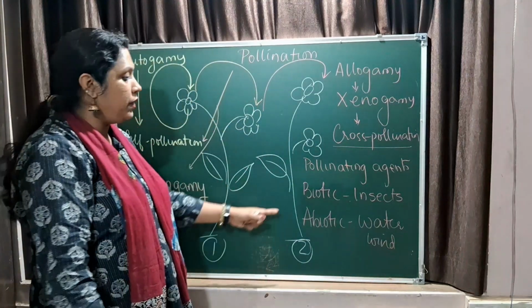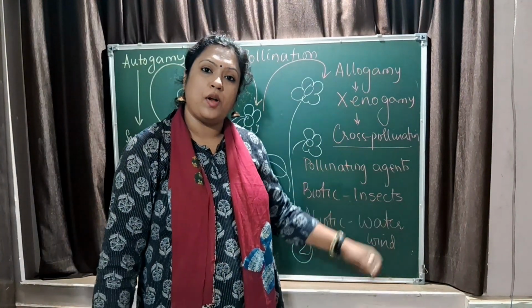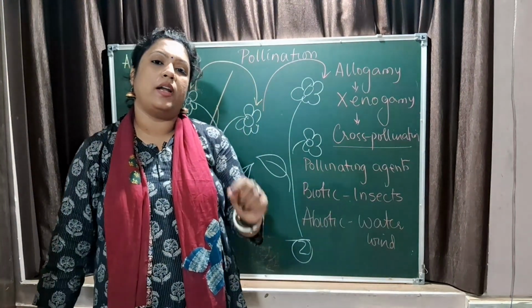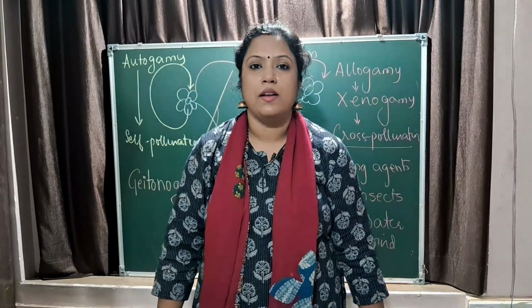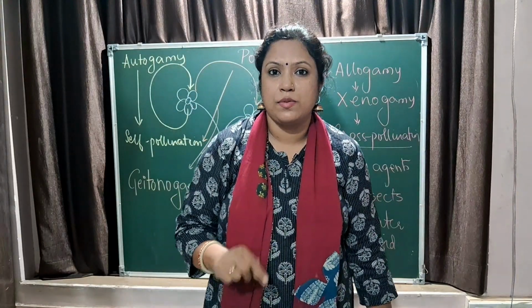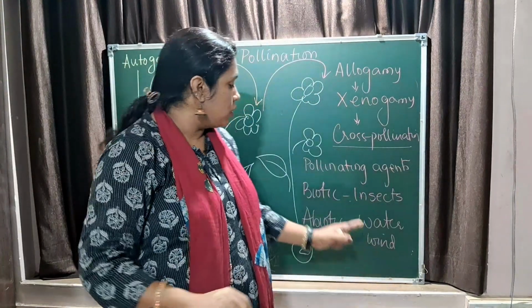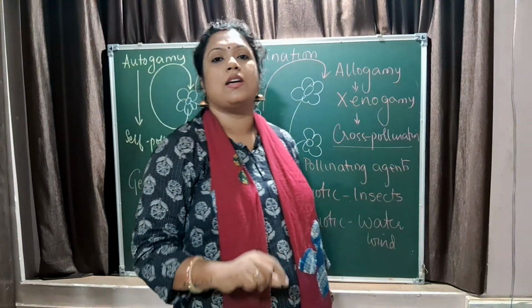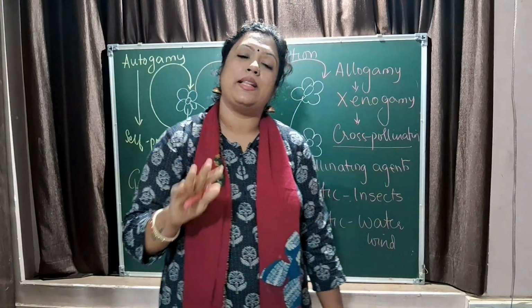Correct? So when we talk about the plant pollinated by insect, it is called entomophilous flower. The details are there in the description in the notes. Okay, so entomophilous flowers are the flowers which are pollinated by insects.